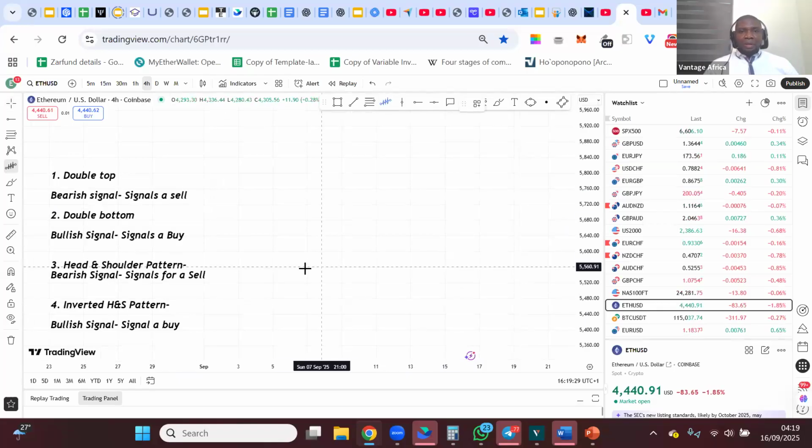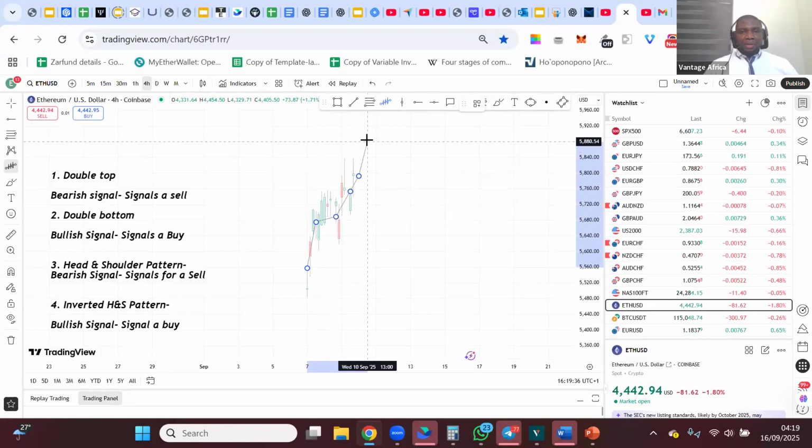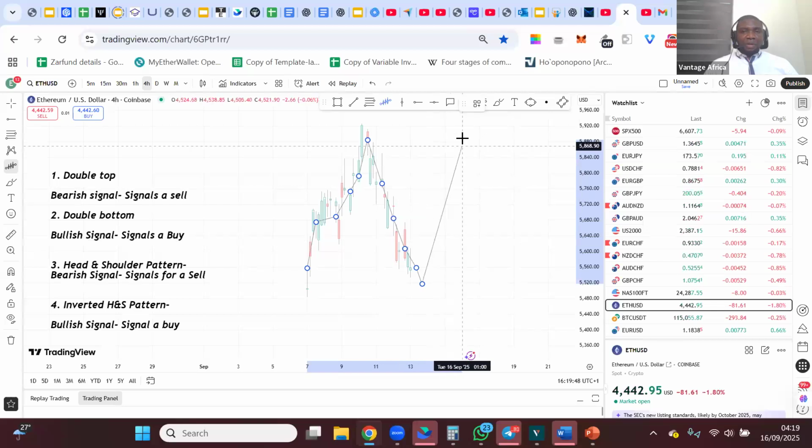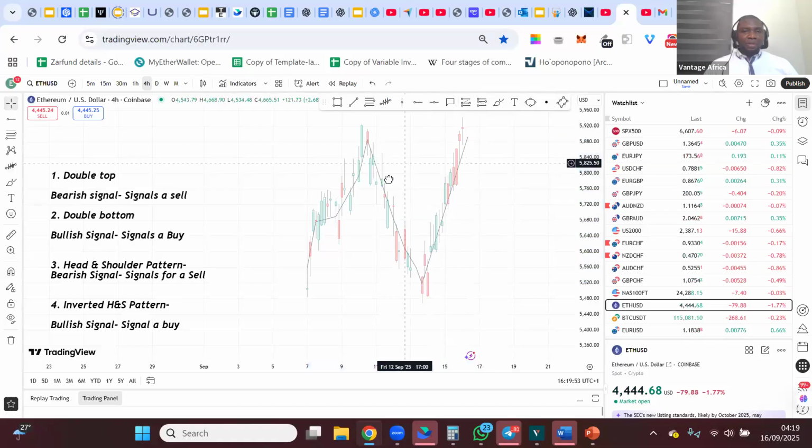Now, let's look at this. Price moves like this, like this, like this. It keeps going, it keeps going. Then it hits this point, and then it starts to come down. And then at a point, it reverses, it starts going up again. Now it gets back to this top.